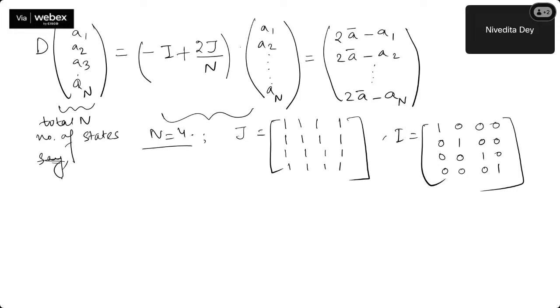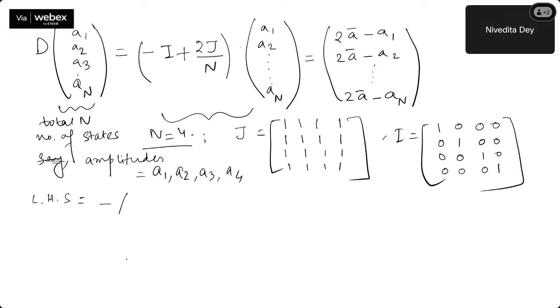Okay? So I will be taking A1, A2, A3, A4. So the amplitudes are, instead of any real value, let me take in this way, A1, A2, A3, and A4. So our task is to go from LHS. Let's see what will happen.